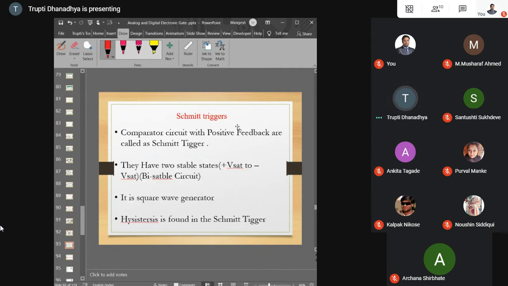Next is of course the Schmitt trigger. I already told you we now have some idea about the op-amp also. Actually, op-amps are designed in two to three types.